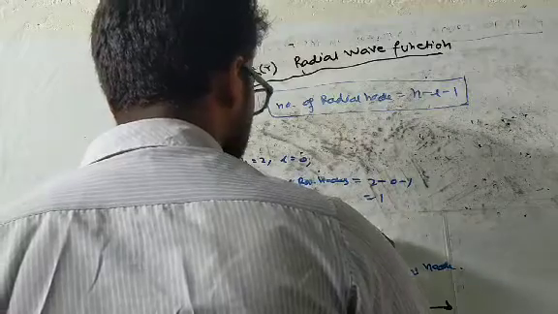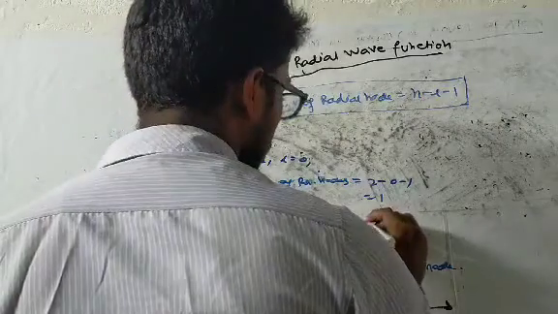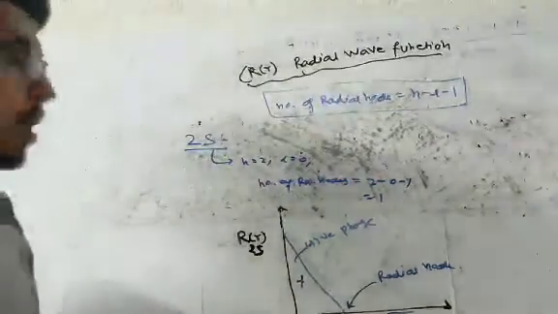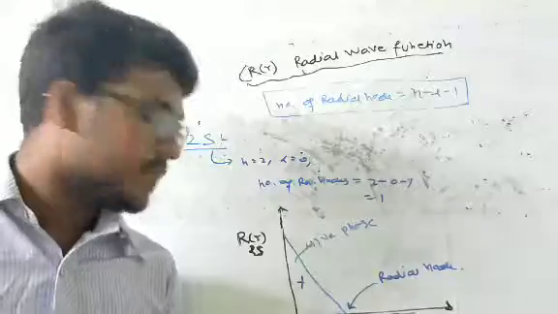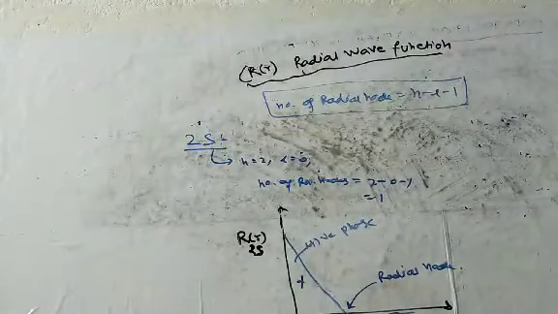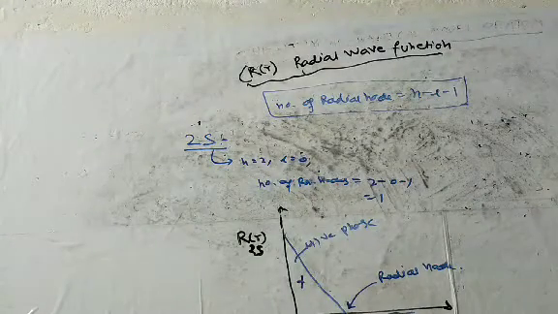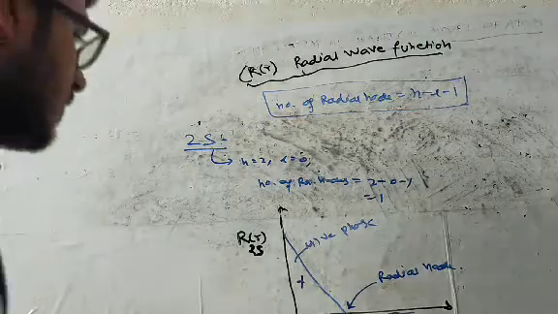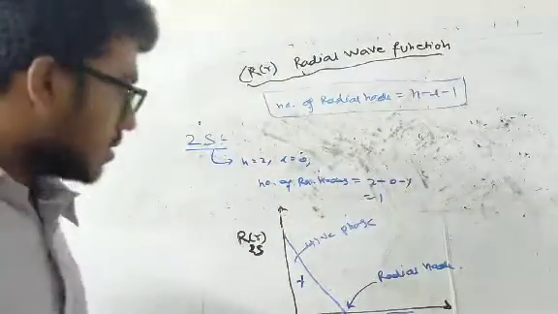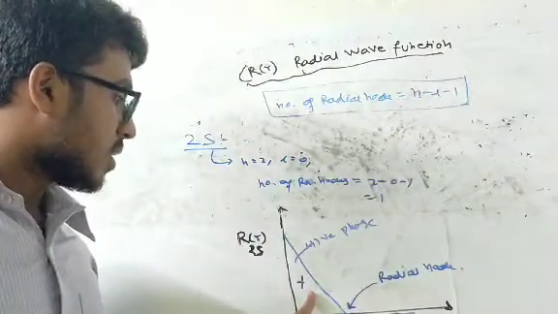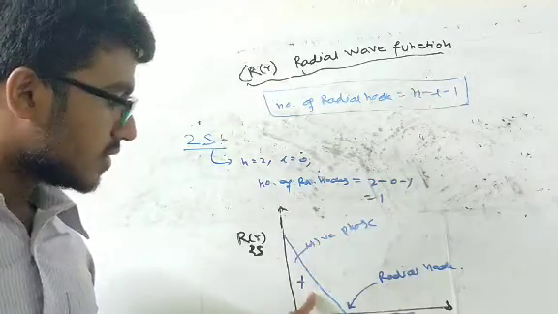This is called the positive phase and this is called the negative phase. If the value of the radial wave function is positive, this is called a positive wave function.